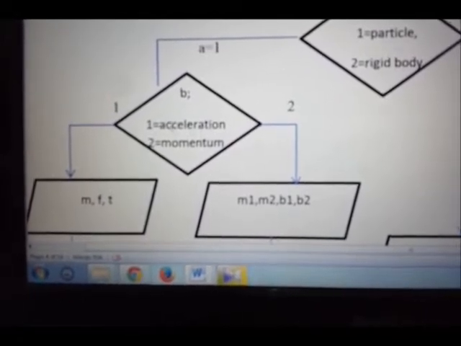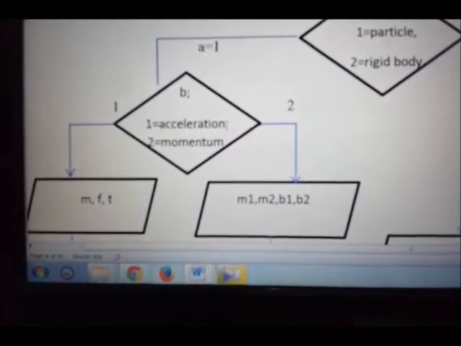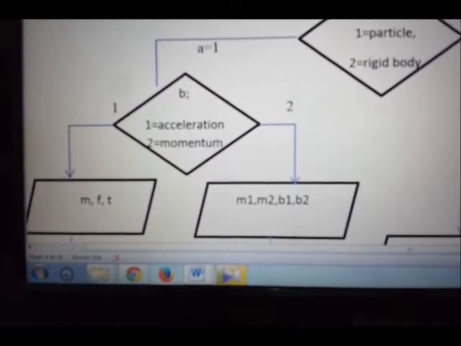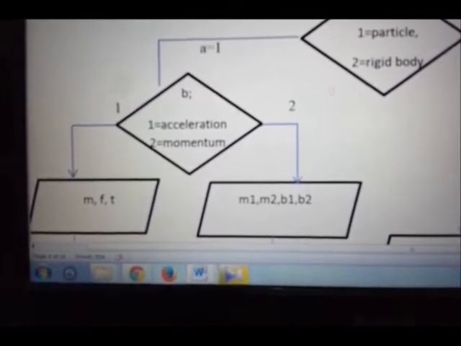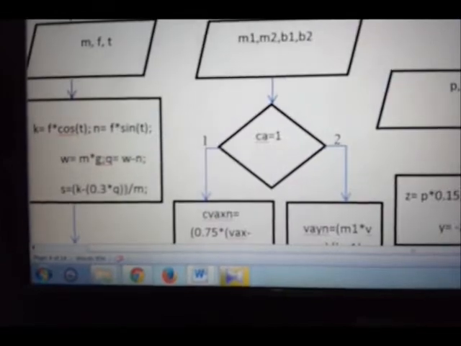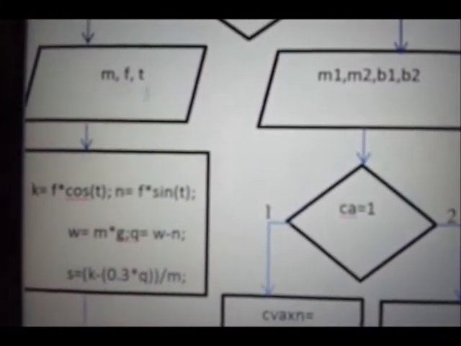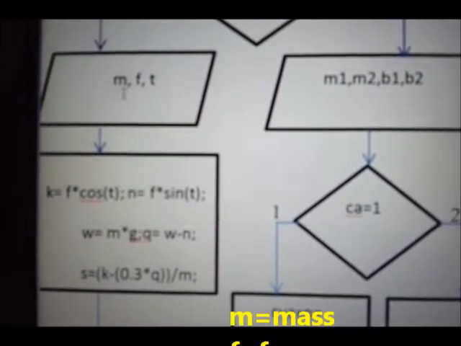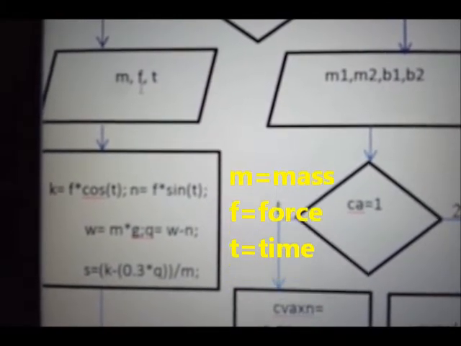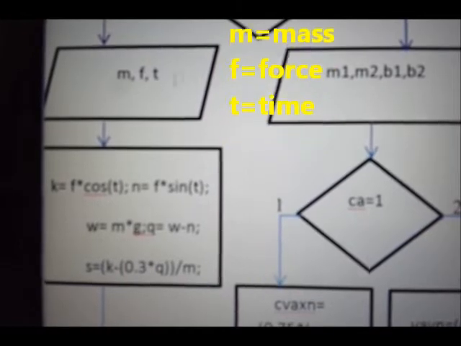The program asks 1 for acceleration and 2 for momentum. We choose 1 for acceleration, and we must input the M for mass, F for force, and T for time.